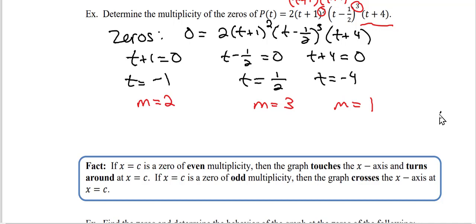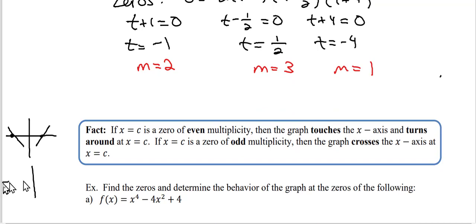Well, now we know that these zeros correspond to x-intercepts of the polynomial, but there's 2 ways that you can have an x-intercept. You can have an x-intercept by the function crossing through like this or like this, or you can have an x-intercept by the function coming up, hitting the x-axis and turning around and going back down, or vice versa.